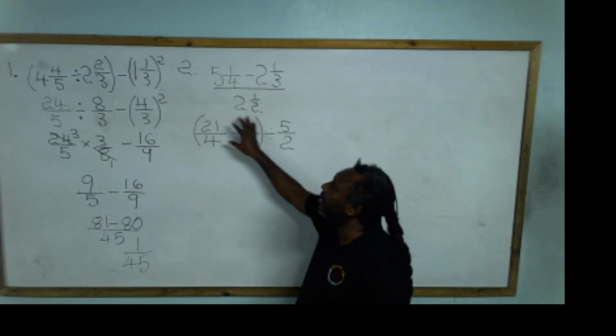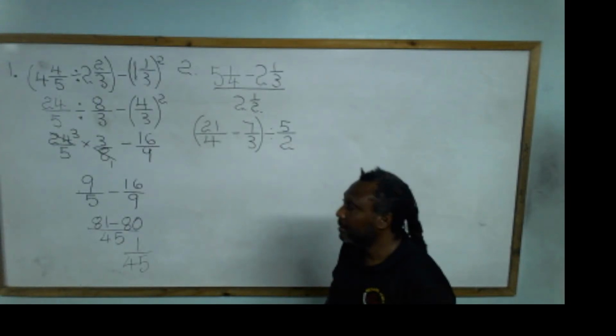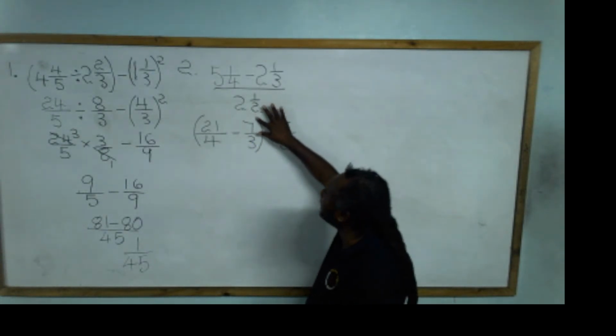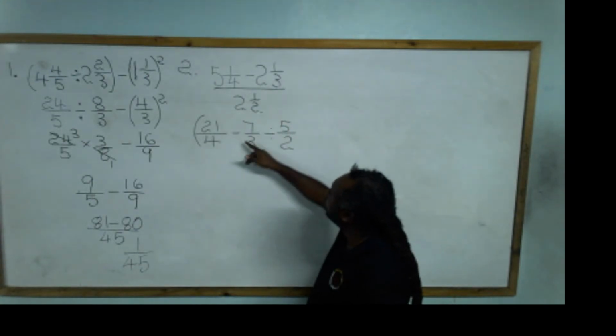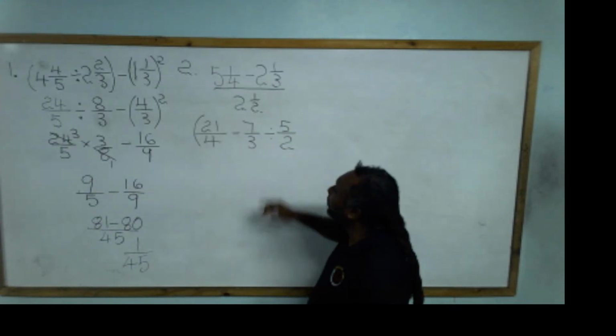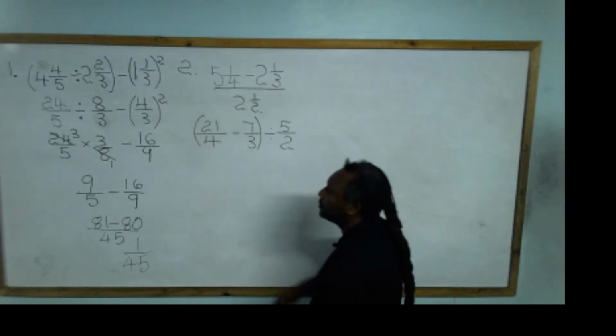But we have to have all of this enclosed in parentheses, because if we did not have the parentheses here, it would be saying that only the 7 over 3 will be divided by 5 over 2. But when we put the parentheses, we are saying that the entire thing is divided by 5 over 2.